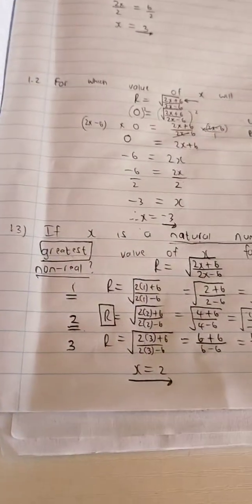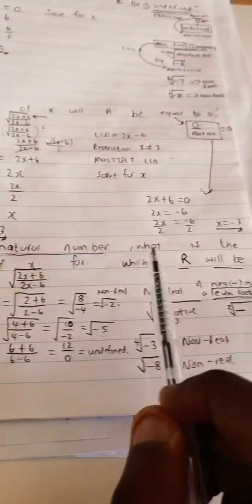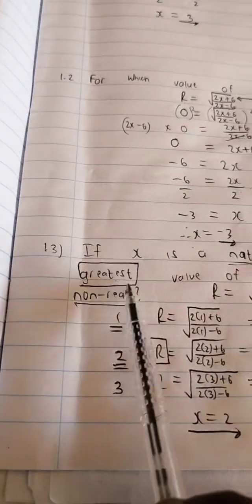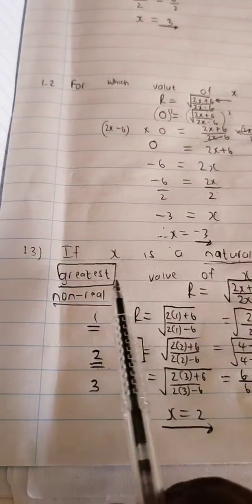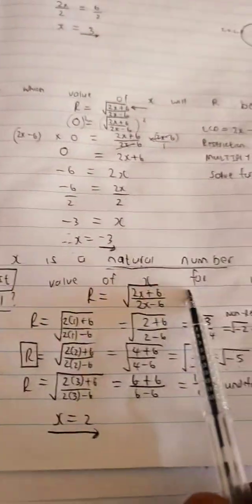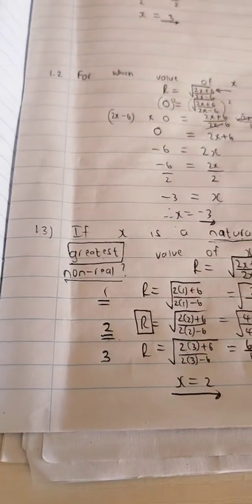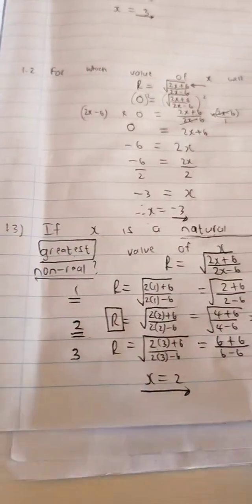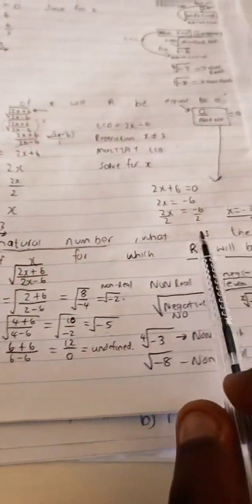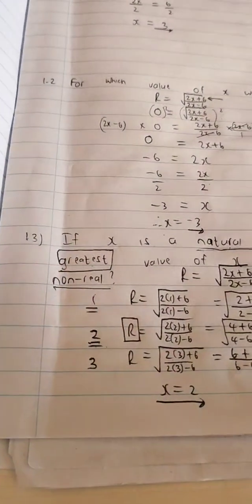Guys, remember, the question could have been asked differently. They could have asked, if x is a natural number, what is the smallest value of x for which r will be non-real? Our answer would have been completely different. We would have said x is equal to what, guys? Yes, Ndoni, it would have been 1.